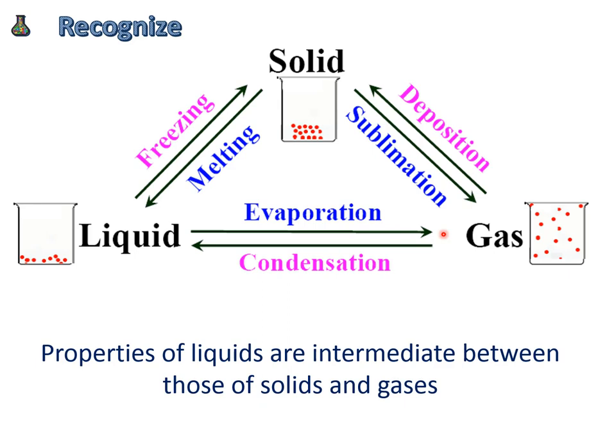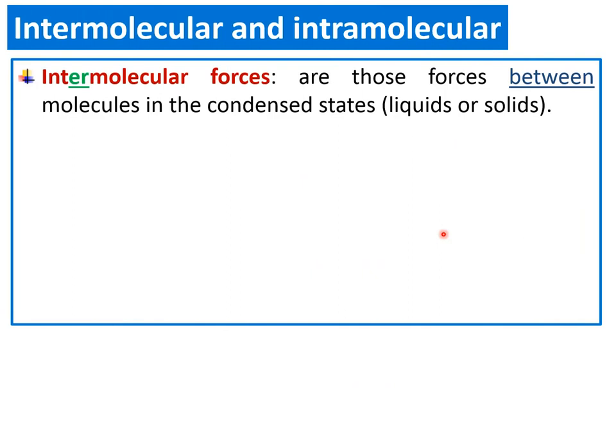So properties of liquid are intermediate between those of solids and the gas. And we learned about this in the last lecture. So intermolecular forces are those between molecules in the condensed states, like liquids and solids, okay? Even if you consider the bonds between gases also, it can be intermolecular force if you are considering the real case.